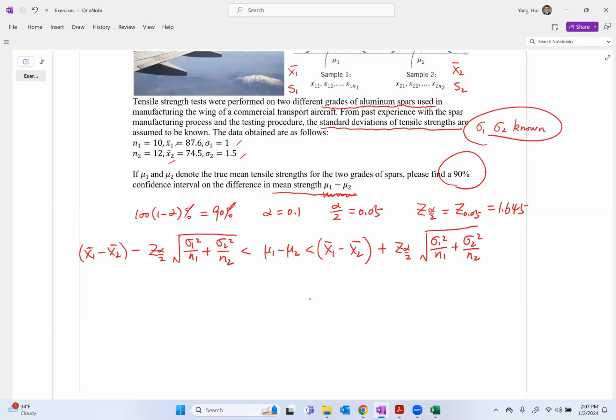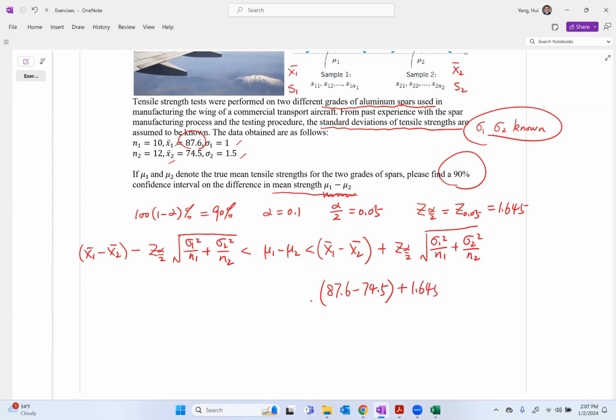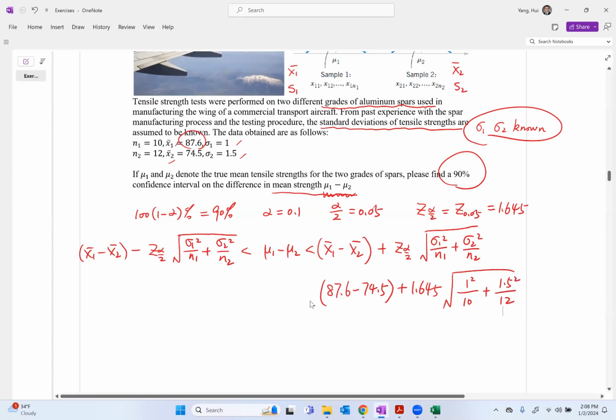We know the sample means, so 87.6 minus 74.5 plus 1.645 times the square root of 1 square over n1, where n1 is 10, plus 1.5 square over 12.